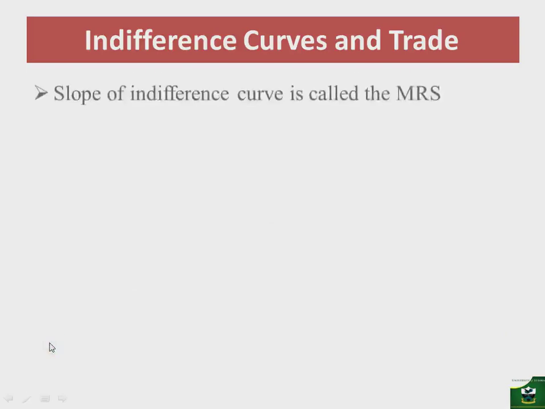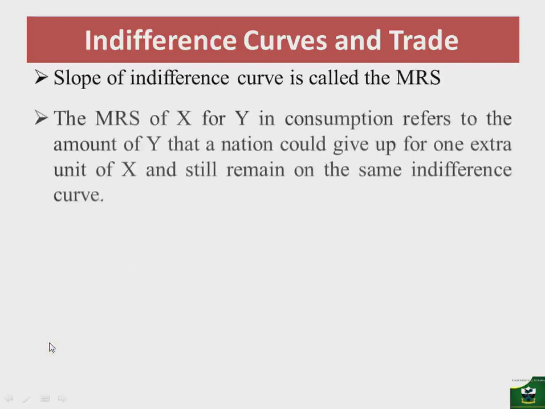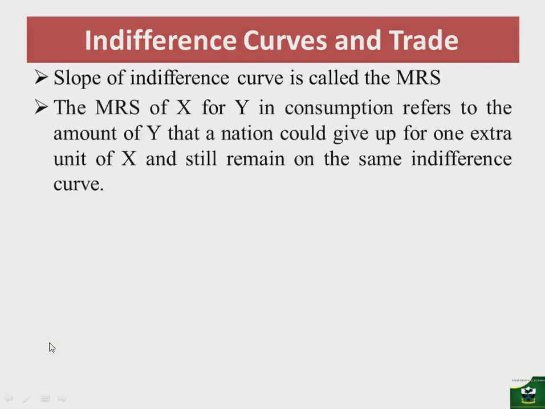Okay, so with that, the slope of the indifference curve is what we call the marginal rate of substitution. The marginal rate of substitution of X for Y in consumption refers to the amount of Y that a nation could give up for one extra unit of X and still remain on the same indifference curve.